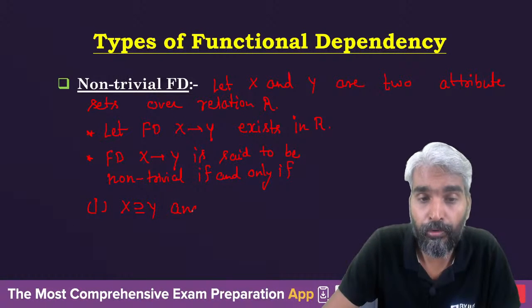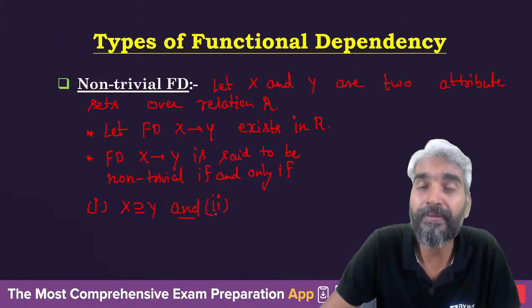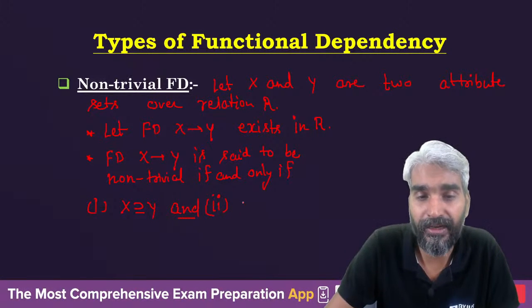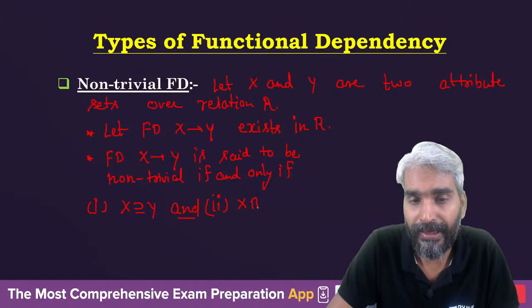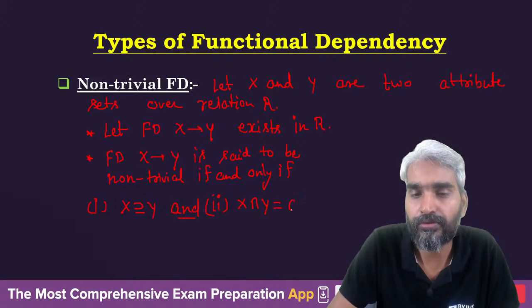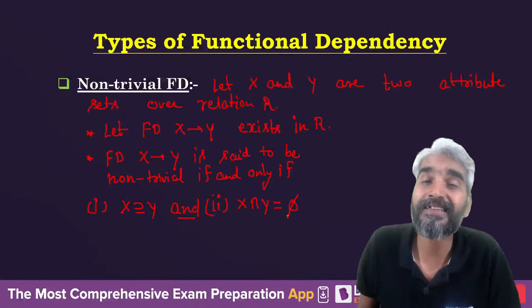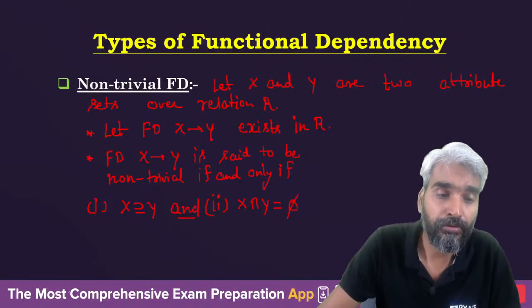And one more condition is there, that there should not be any common attribute between X and Y. That is, the attribute set X intersection with attribute set Y should be equal to phi. There should not be any common attribute between X and Y.